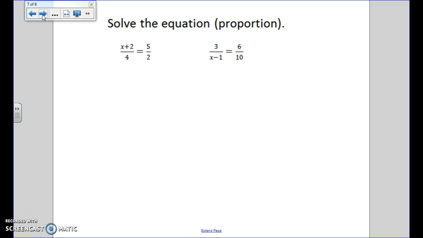Here's the tricky part, though. Now we have some proportions with more than one term, and so these are going to be a lot harder to use mental math on to check our answers. But we can use cross multiplication because we have fraction equals fraction, and they're proportions. So I can use cross multiplication and then solve my answer.